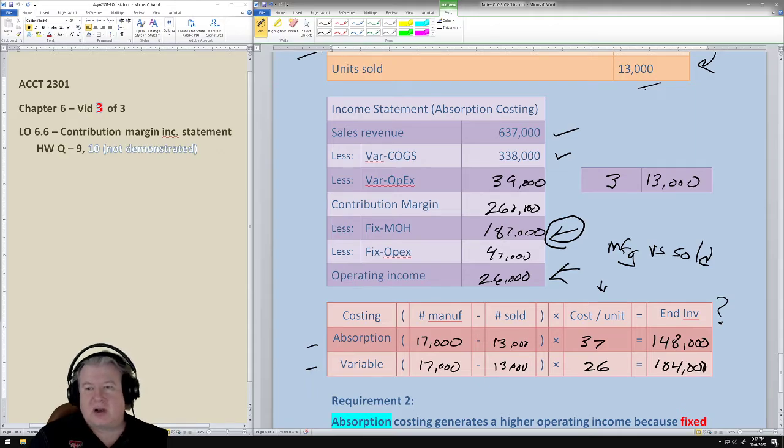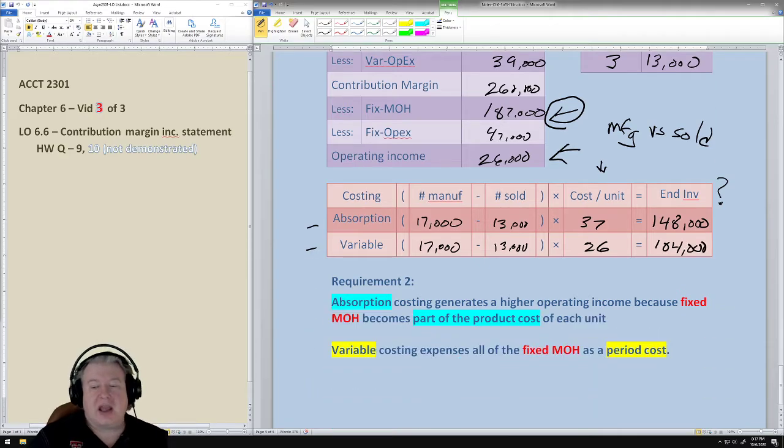So they have sort of an odd question at the very end. So let's just try, and I've kind of highlighted here, the main thing we're focused on is the fixed MOH. That's the thing that's calculated differently between the two. Under absorption cost, it becomes part of the product cost, right? That's why this is higher. Under absorption, the fixed MOH is included in the cost per unit.